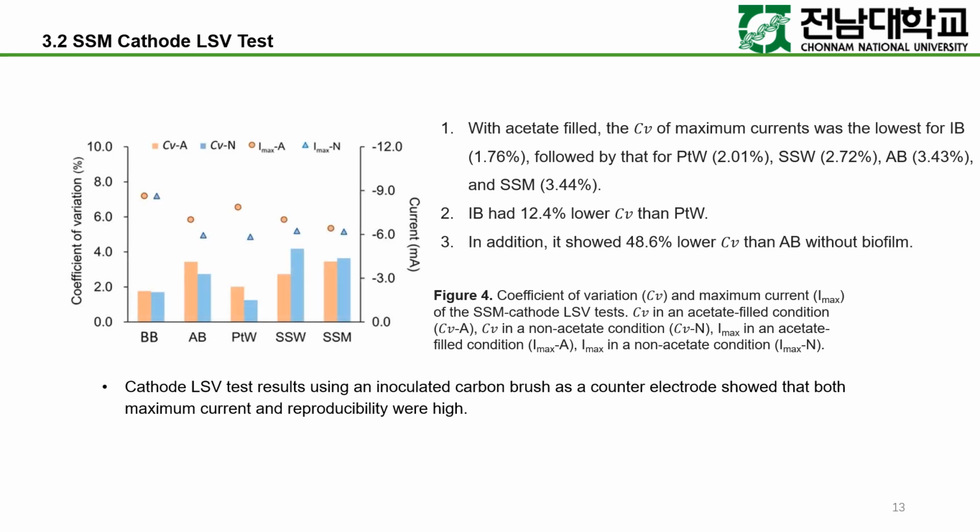In this figure, the CV of maximum currents was the lowest for IB, 1.76%, followed by that for point W, 2.01%, SSW, 2.72%, AB, 3.43%, and SSM, 3.44%. IB had 12.4% lower CV than point W. In addition, it showed 48.6% lower CV than AB without biofilm.